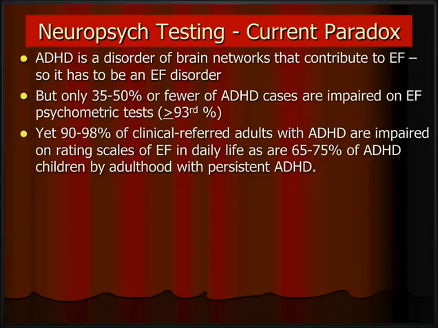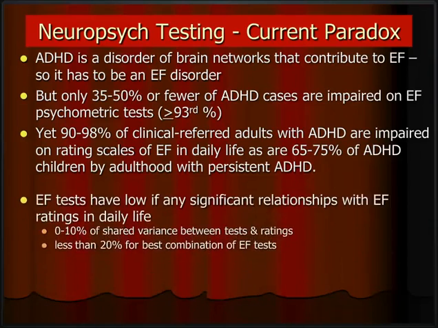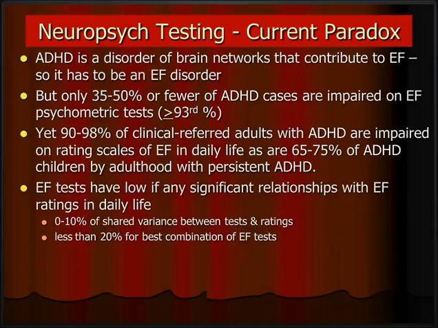So what's going on here? If we look at the executive function tests, most people with ADHD don't have such deficits. But if we look at rating scales of executive functioning, nearly all of them do. So which method is the best one to trust in evaluating executive functioning? Well, let's see. First of all, the executive function tests do not correlate well, if at all, with executive function ratings in daily life.